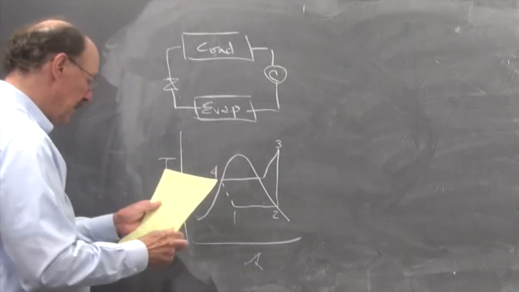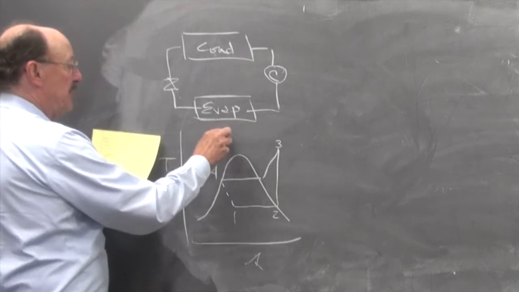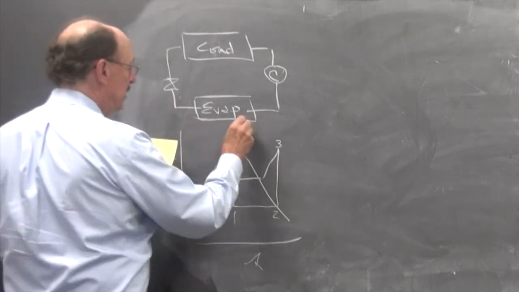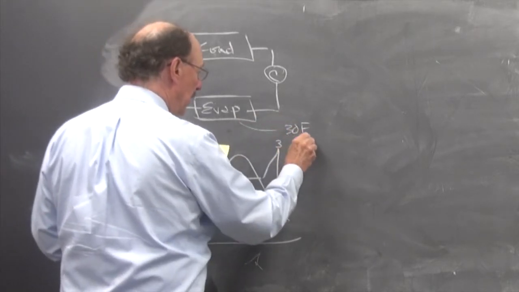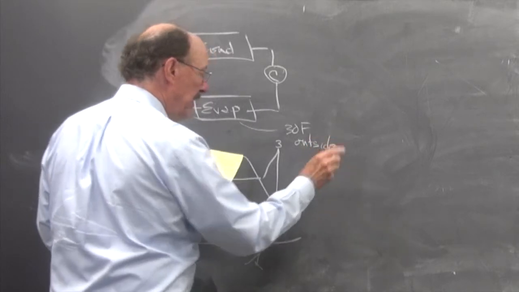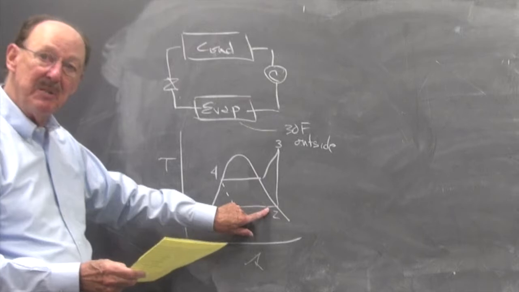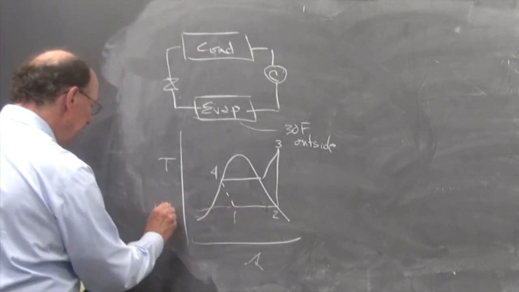If it's 30 degrees outside, that means the temperature inside the evaporator has to be 10 degrees Fahrenheit.